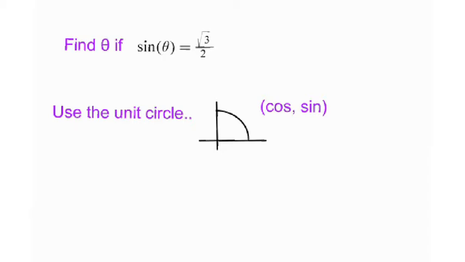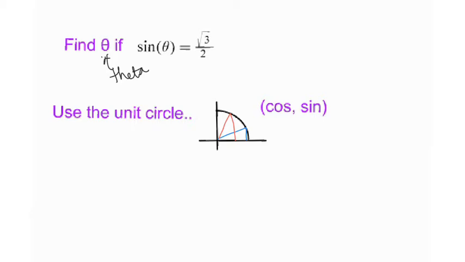Okay, so for example, find theta. Remember, this is theta. If the sine of some angle is square root of 3 over 2, could you find that angle? So I'm going to draw two things. I'm going to draw 30, and I'm going to draw 60, because I do not have them memorized.